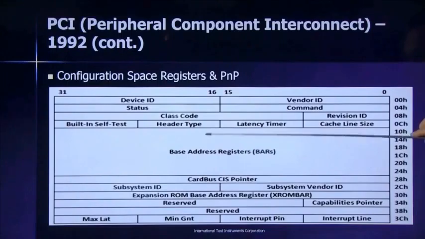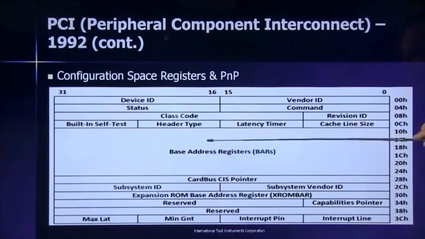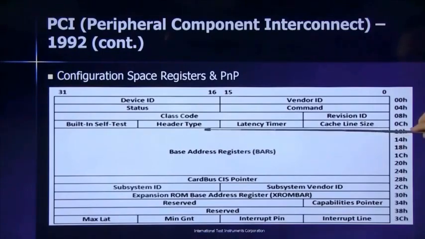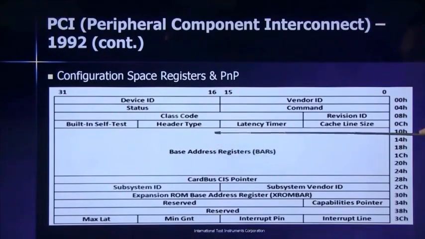So the operating system goes and reads the size of it and determines a location within the overall memory space of the system, and then writes the base of that address, and that's why it's called base address registers, the base of the start of that range within system memory, writes it in those registers, and therefore later the operating system and device drivers will be able to learn what register addresses to write and read to access functionality within the device.